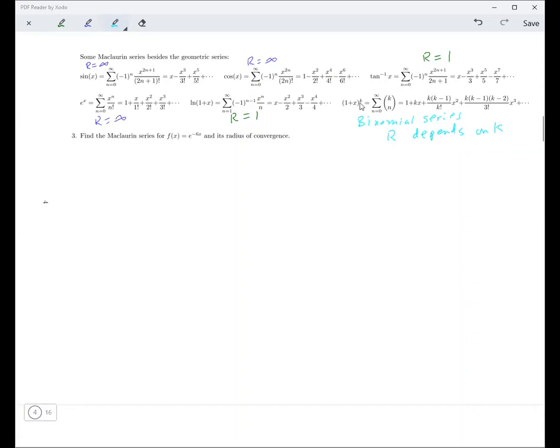But if k is negative, for example, then your radius would be 1. So it just kind of depends. And it's not something that we're going to do a whole lot, so it's not really important. But these three right here, these are really important. And it's nice that the radius is infinity for each of those.